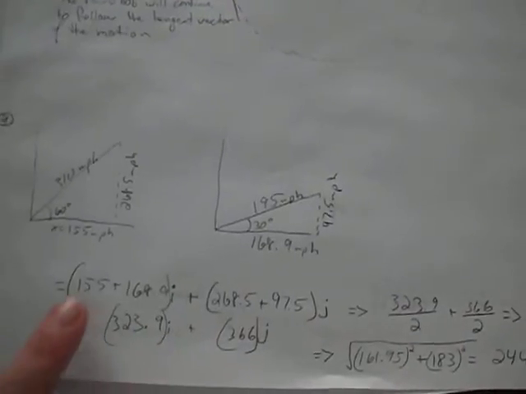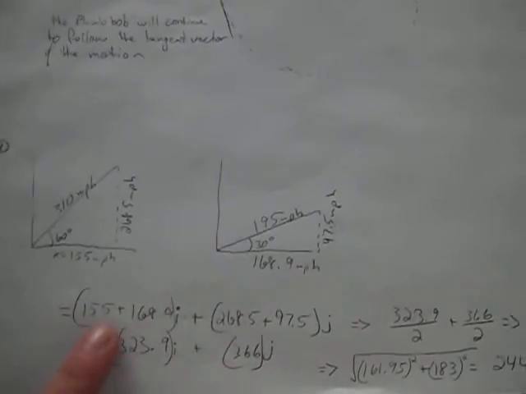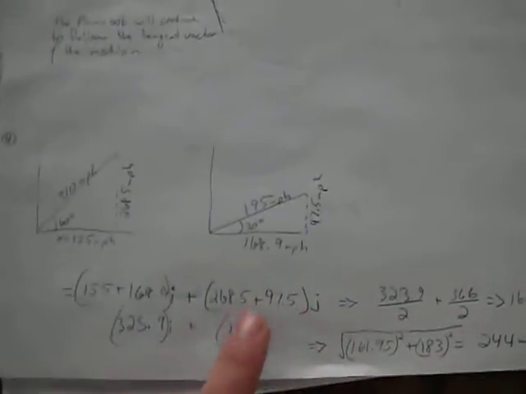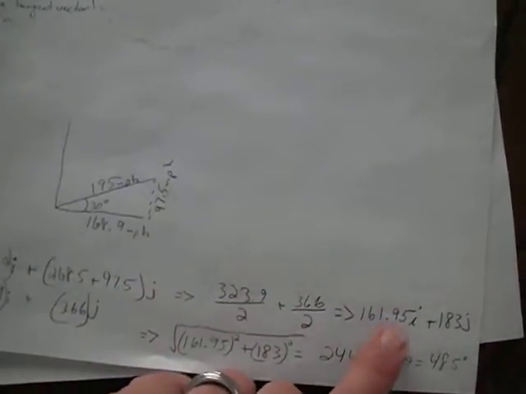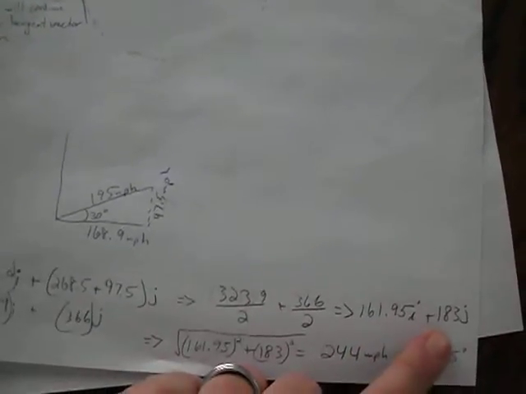I found the velocity in the x direction in both of them, added them together, and this is the total. Here's the velocity vectors in the y direction, added them together, this is the total, 366. So I simply divided each of those by 2, and here's my resulting average i and j of 161.95 and 183.